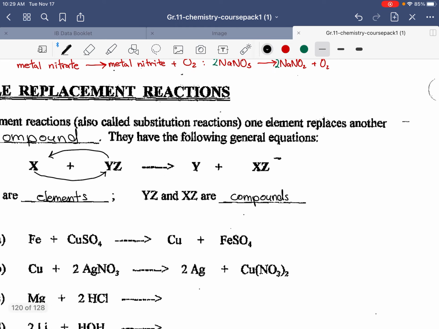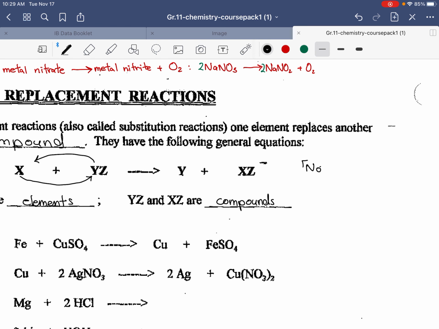Now, one thing you need to note, let's write a little note right here, okay, is that metal displaces metal. Okay, so you get to imagine the fact that X and Y are metal, or X and Y are non-metal. So let's write that down too, okay? Because non-metal displaces non-metal. You won't have a metal displacing a non-metal in a reaction like this.